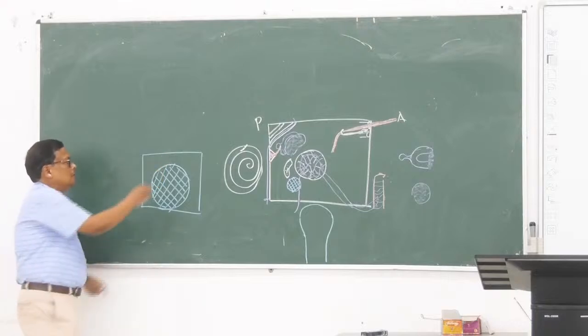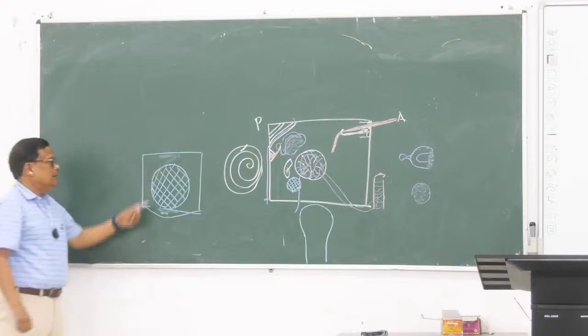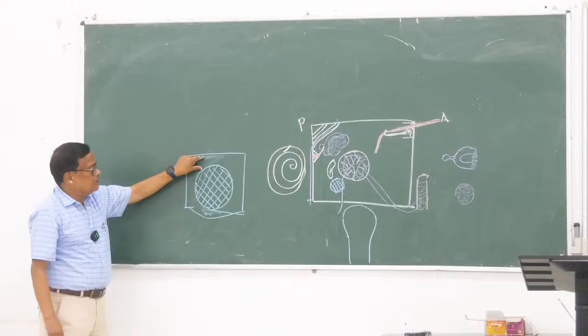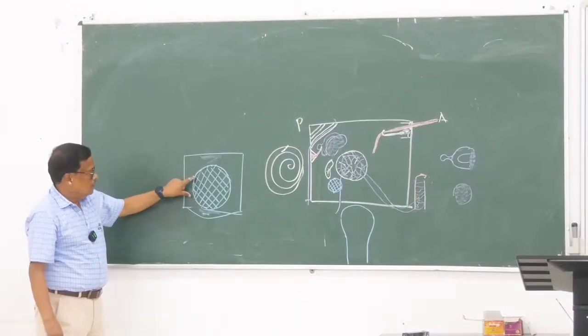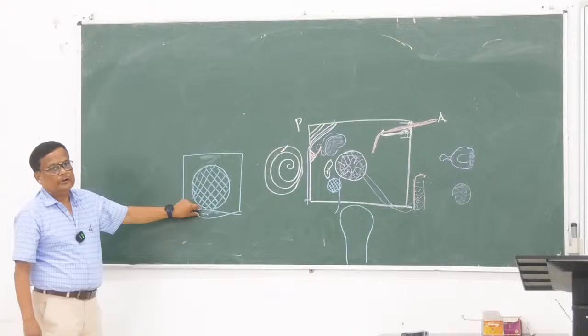Just above it there is a bar of bone, and below there is a bar of bone. So the middle ear cavity has a cavity above the tympanic membrane, opposite to the tympanic membrane, and below the tympanic membrane.